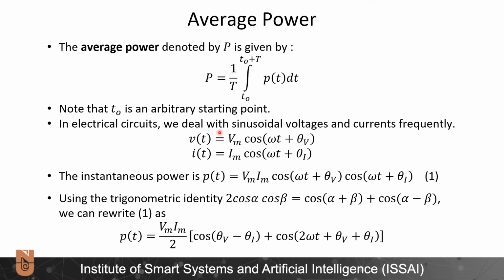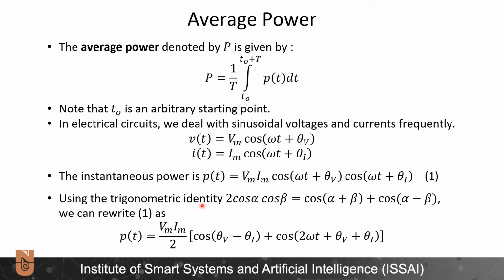In electrical circuits, we usually deal with sinusoidal voltages and currents. The voltage can be given in the form of v(t) is equal to Vm times cosine(omega t plus theta v), and the current i(t) can be given as Im times cosine(omega t plus theta i), and therefore the instantaneous power can be calculated as p(t) is equal to v(t) times i(t), and this is equal to Vm times Im times cosine(omega t plus theta v) times cosine(omega t plus theta i).